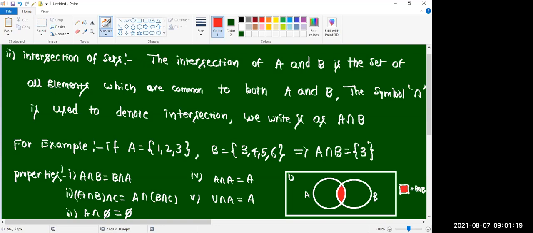Union means all the elements we should write. Intersection means only common elements we should write.